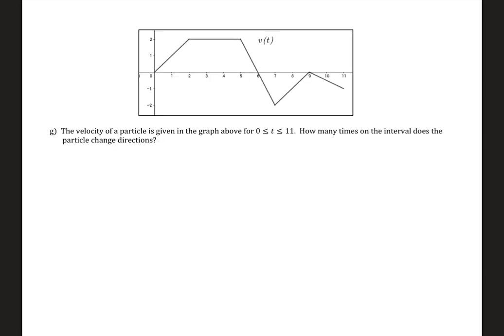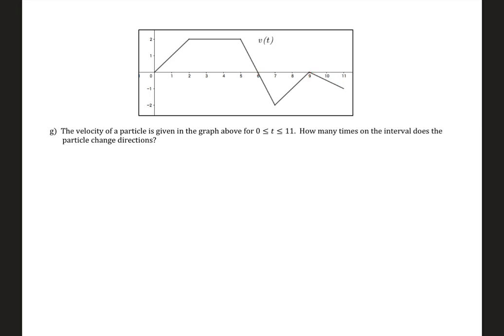Letter G says the velocity of a particle is given in the graph above for values of t between 0 and 11. How many times on the interval does the particle change directions? Particles change directions when the velocity goes from positive to negative or negative to positive. Notice this is a velocity graph. All this time velocity is positive, and then all of a sudden it becomes negative, and then it goes to 0, but then it stays negative.